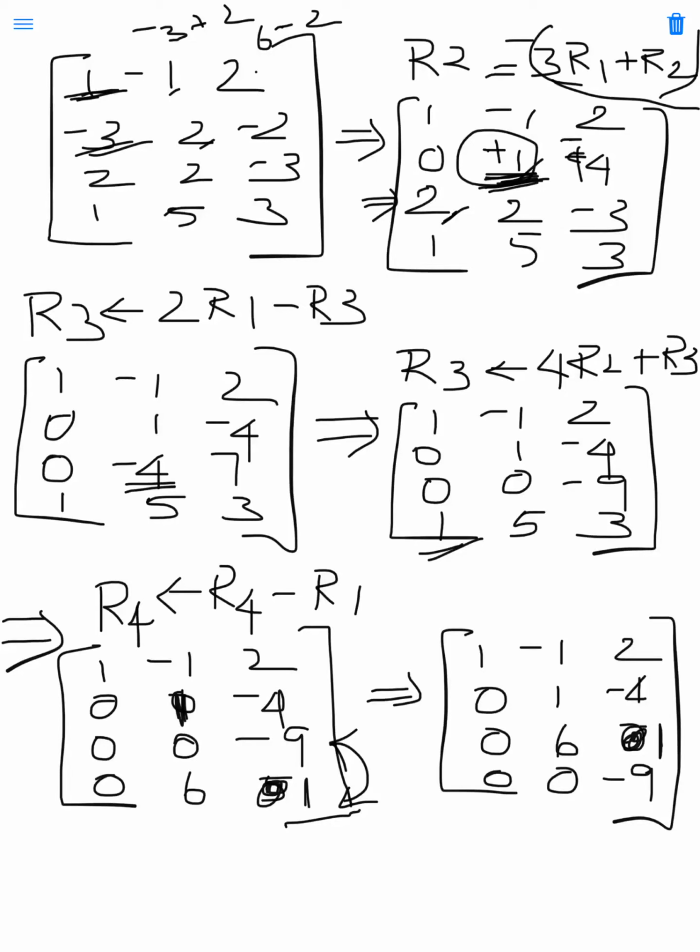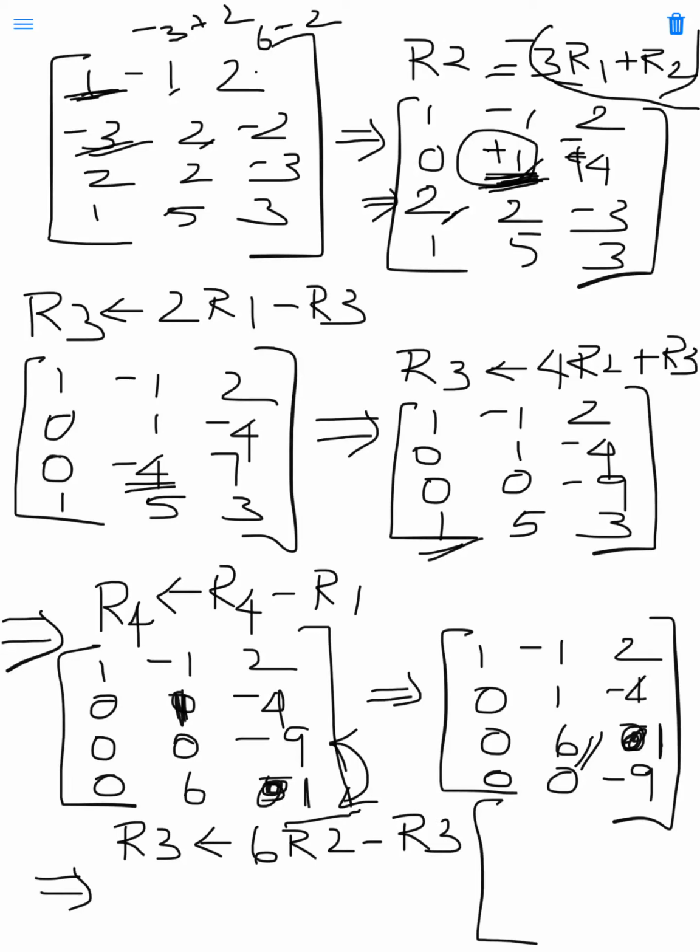Now what you need to do is, you need to make this 6 as 0. Okay, you need to check whether you are able to make this 6 as 0. So for that, apply the operation R3 is equal to 6 R2 minus R3.